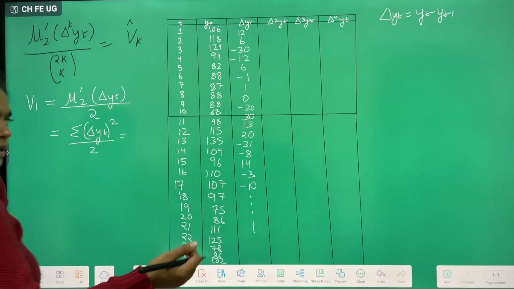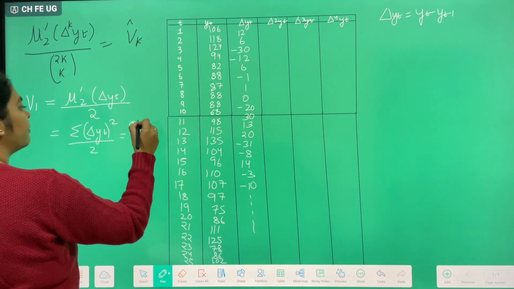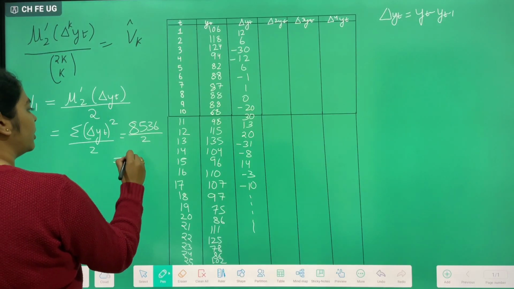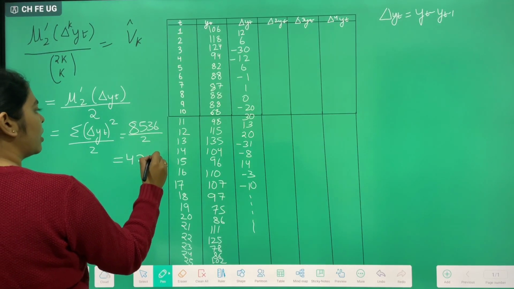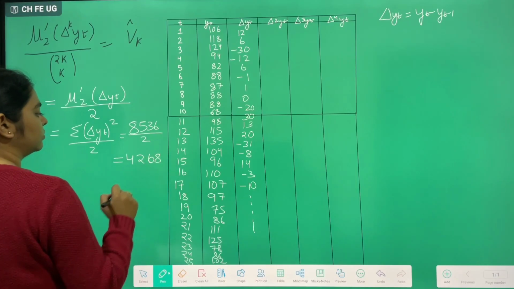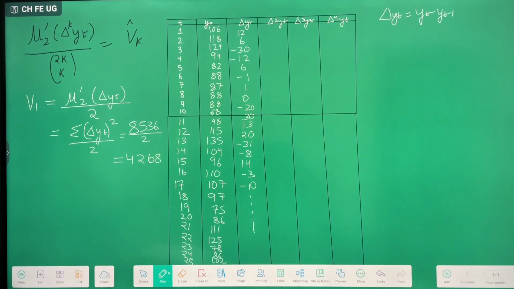If you calculate this, 8536 upon 2 would come out to be 4268.